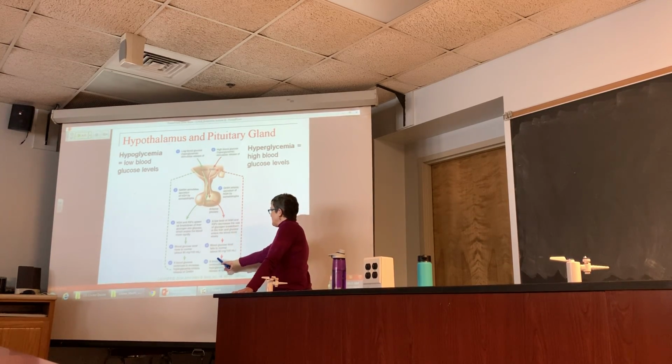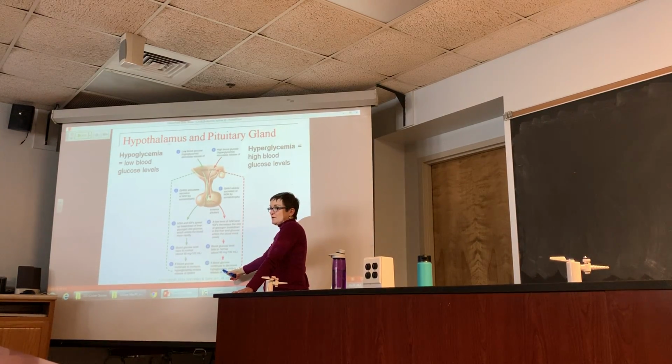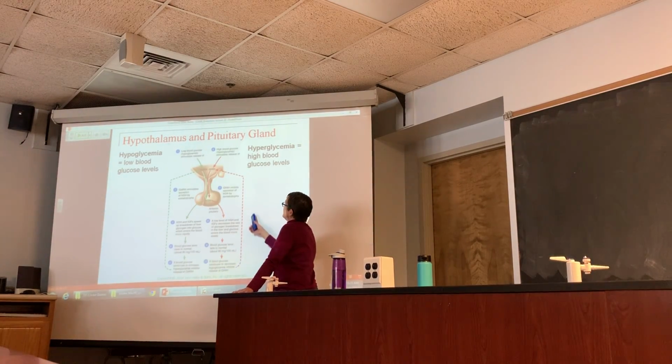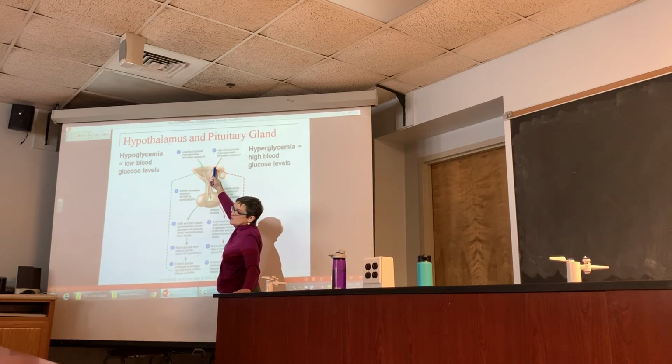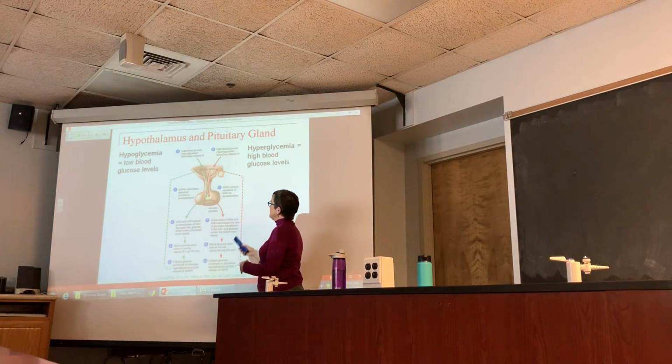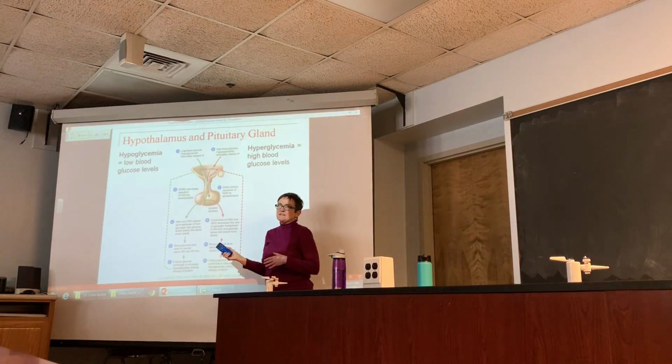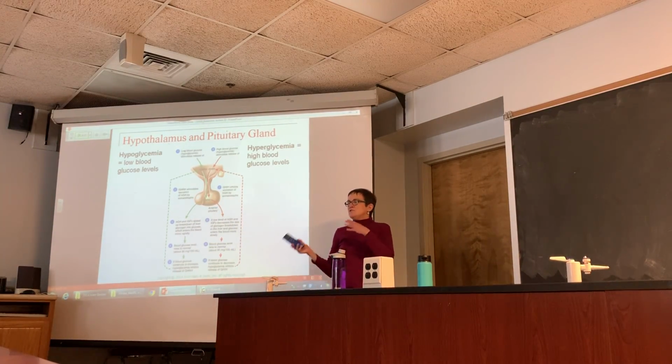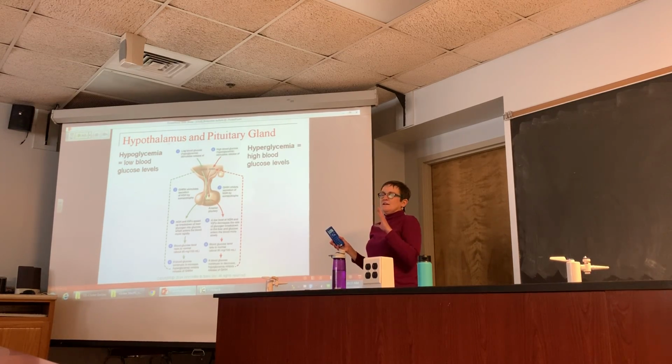And then once that happens, if you fall below normal, like hypoglycemia again, that is going to inhibit GHIH production, and that's going to stop this from happening. So you've got two effects happening simultaneously.